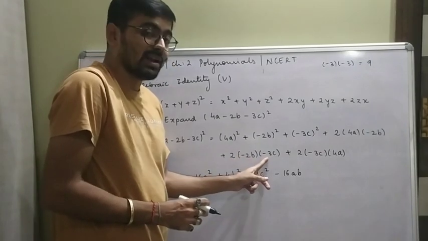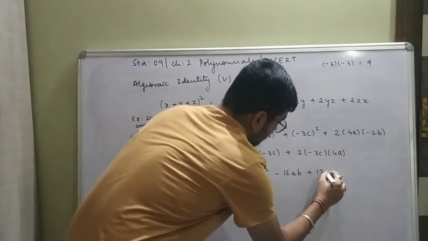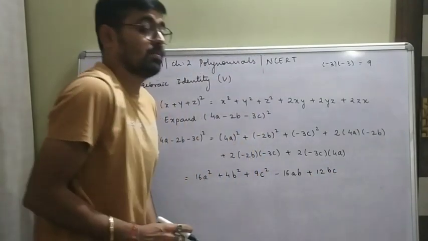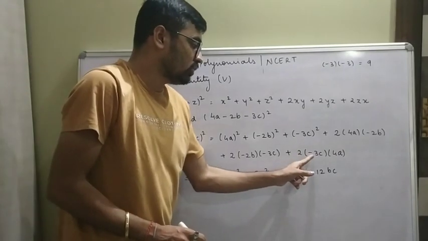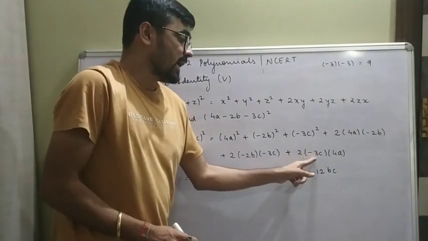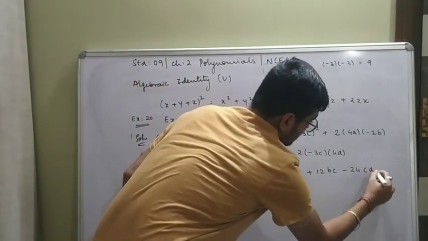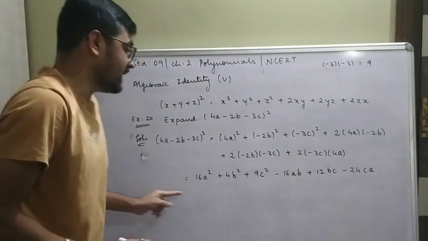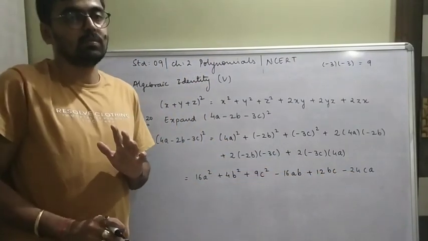Minus 4 into minus 3, minus minus plus, 12bc. Same way 2 into minus 3, minus 6. Minus 6 into 4, minus 24ca. This is the expanded form of this particular term.